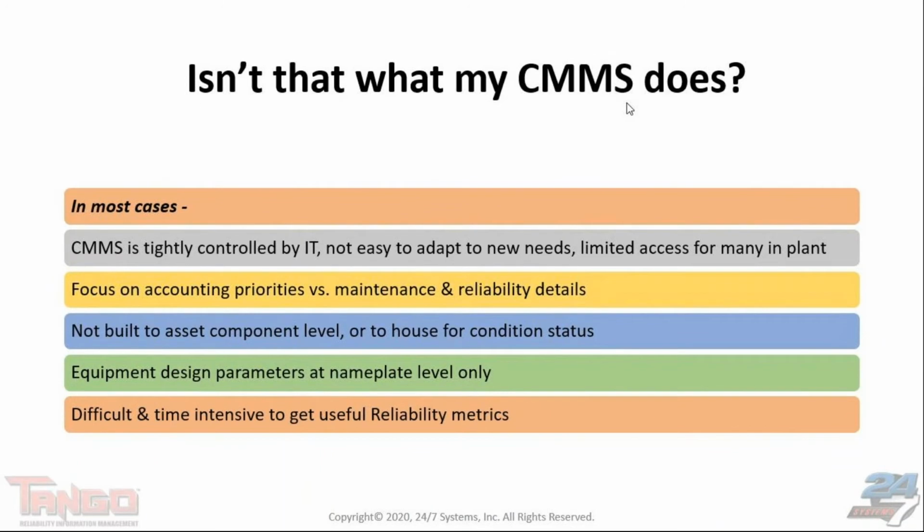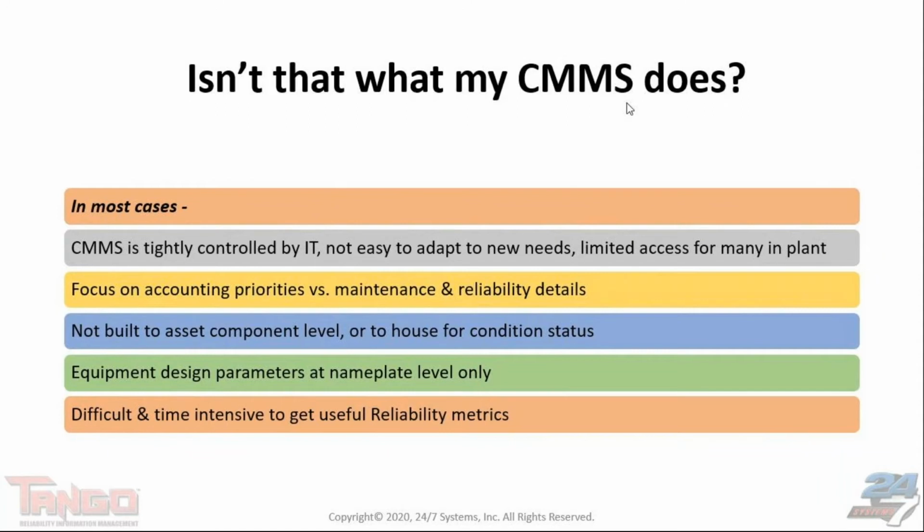Furthermore, many of the systems I've run across today still are not built to the component level. They may have a machine train level, where they're talking about a condensate return pump machine train, but they don't go down and start tracking information at the individual motor or individual pump level. Some do, but even then, sometimes that is very hard to retrieve at that level.